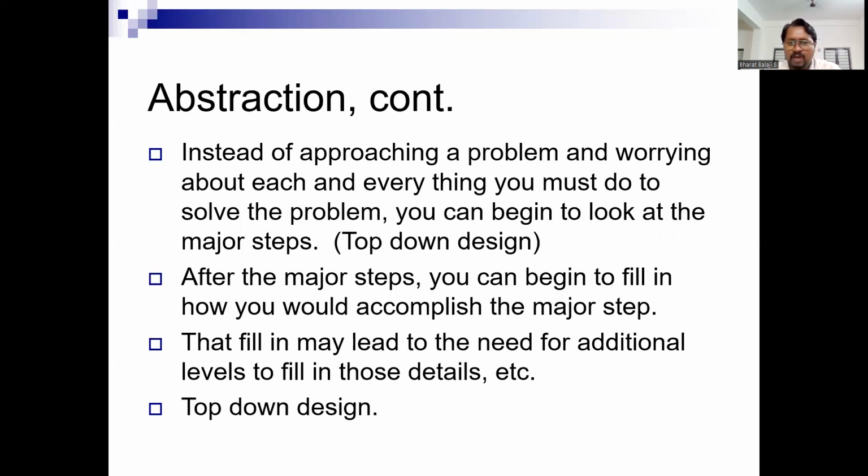And instead of approaching a problem and worrying about each and everything we must do to solve it, we can begin to look at the major steps. That means the top-down design.